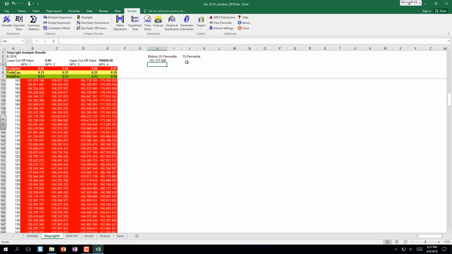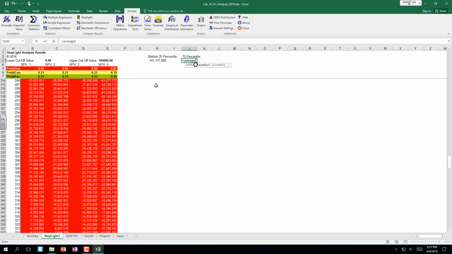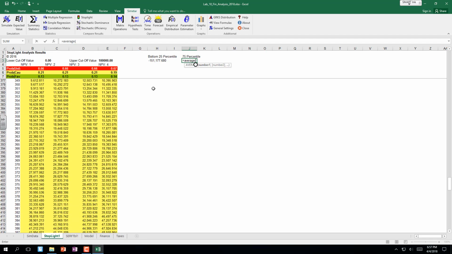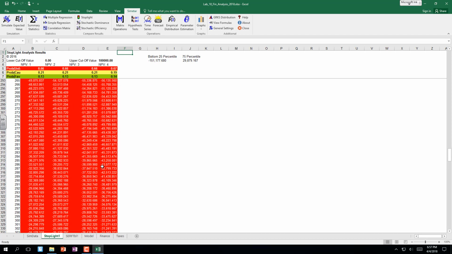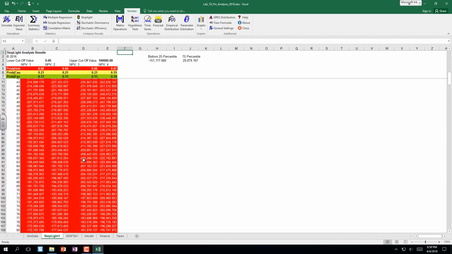And for the 75th percentile, it's going to be equal average, and we'll go down to row 375 and calculate the average of those numbers. And then I'll go... We'll get there.